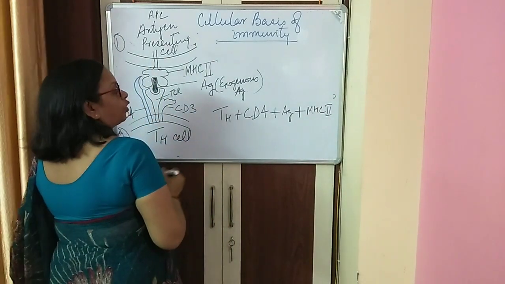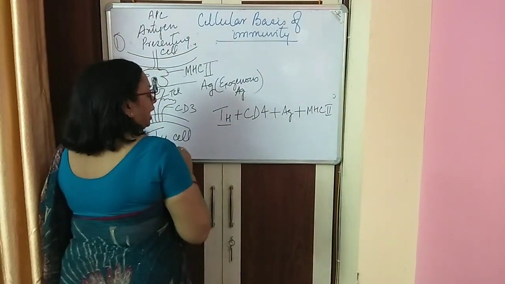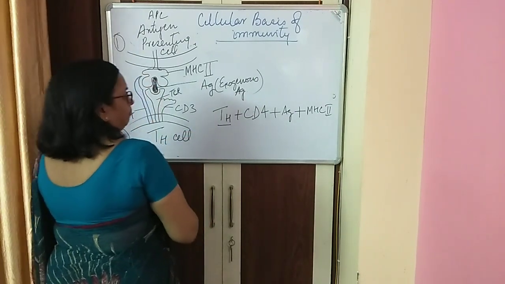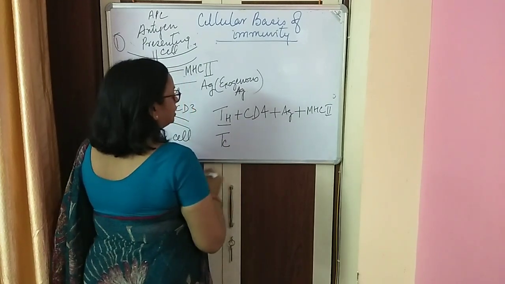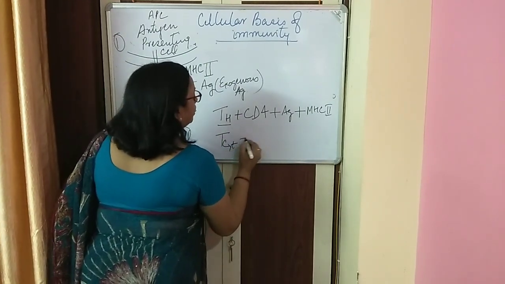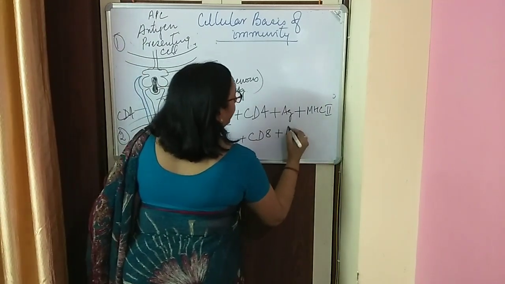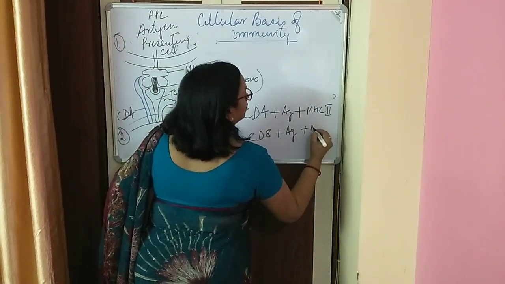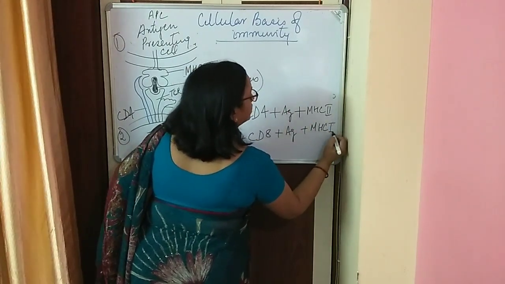This is the case for the exogenous antigen. When the antigen is endogenous, then what will happen? It will be the T cytotoxic cell, TCYT, plus the receptor will be CD8 and antigen, and this histocompatibility molecule will be MHC 1.